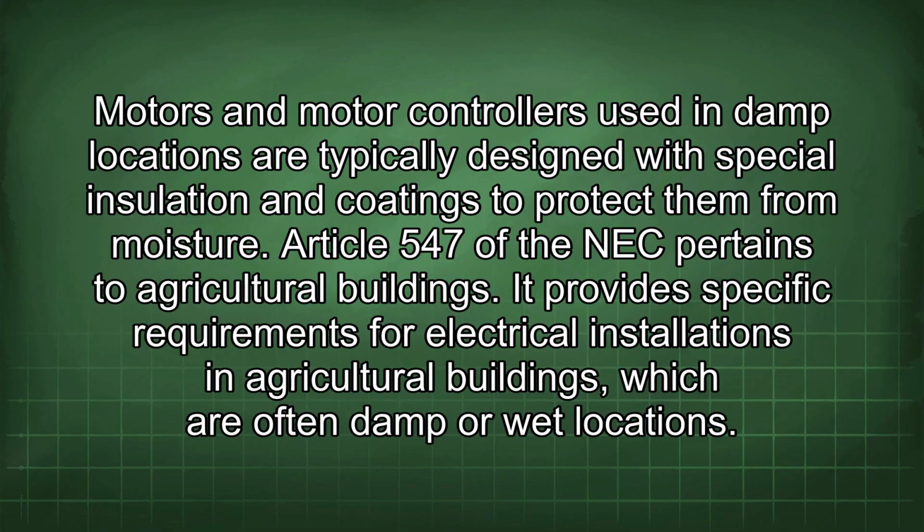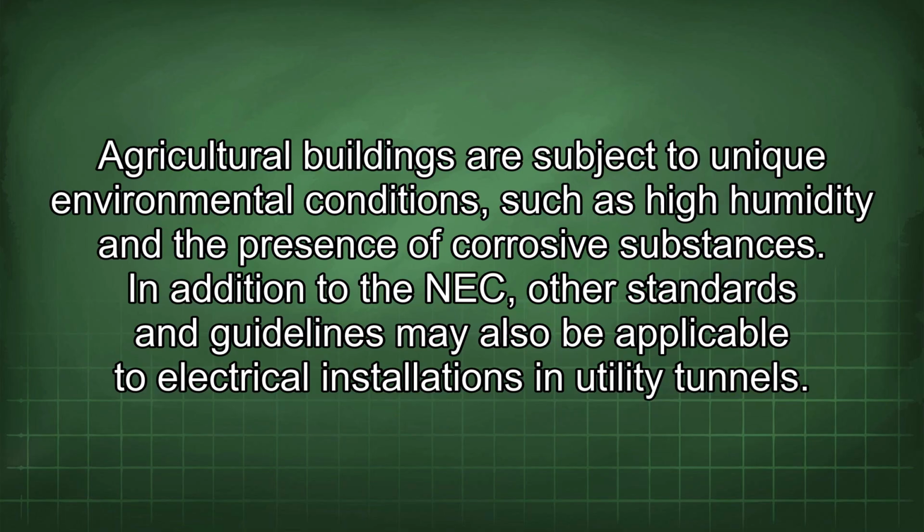It provides specific requirements for electrical installations in agricultural buildings, which are often damp or wet locations. Agricultural buildings are subject to unique environmental conditions, such as high humidity and the presence of corrosive substances. In addition to the NEC, other standards and guidelines may also be applicable to electrical installations in utility tunnels.